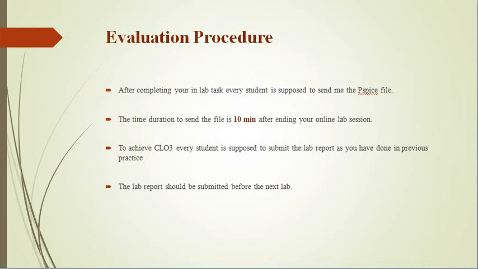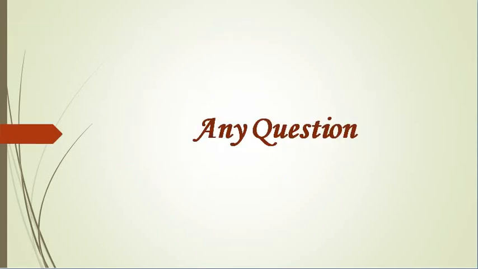You are supposed to share the calculated result with me as well as your simulation results, so that we can cover our CLO1 that is mapped on the PLO5, and then for the lab report we can cover our CLO3, and the lab reports you are supposed to submit to me. In case of any question you can ask me freely.